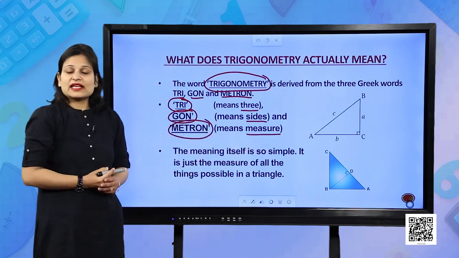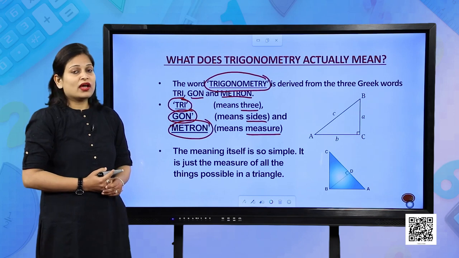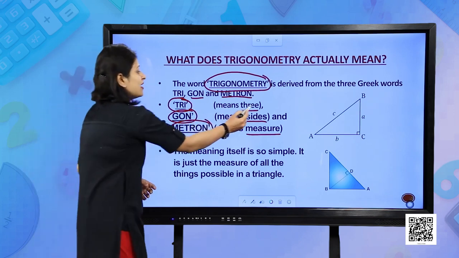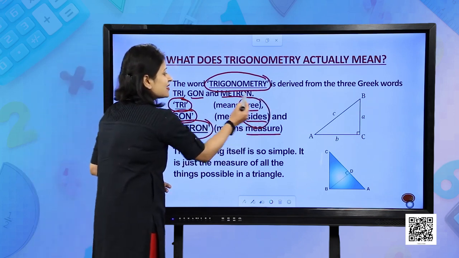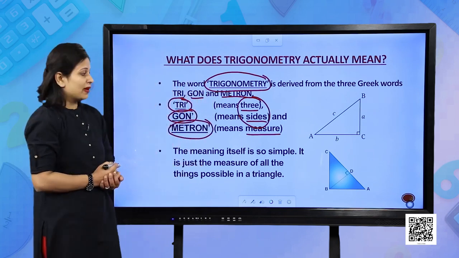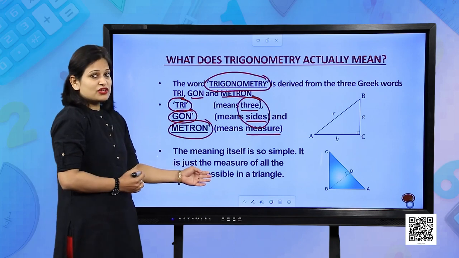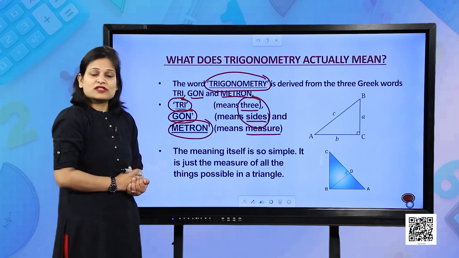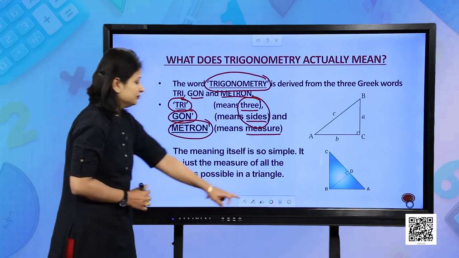Now, a 3-sided polygon is called a triangle. As you can see, 3 sides. So, the meaning itself is so simple. It is just the measure of all the things possible in a triangle.